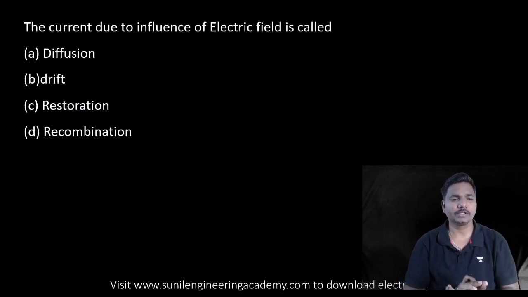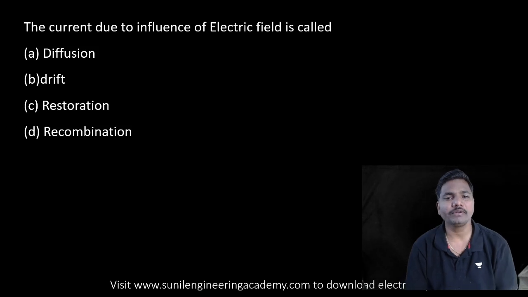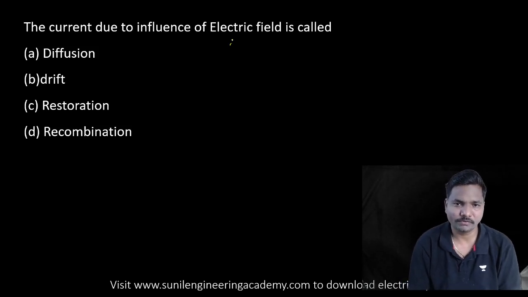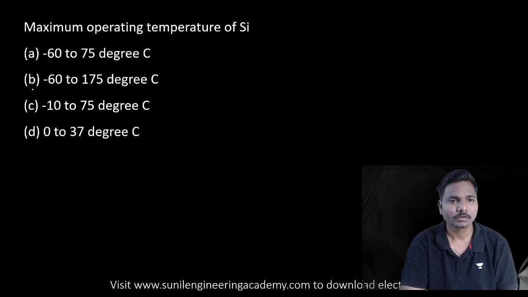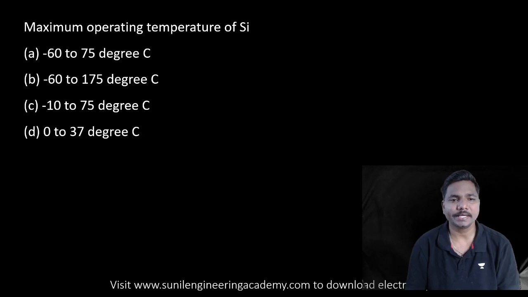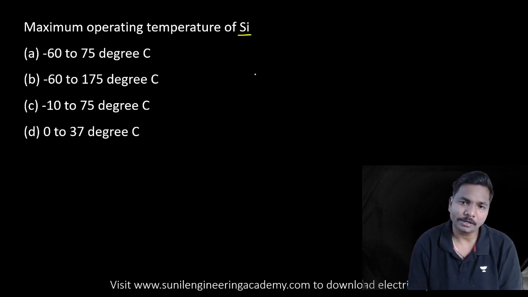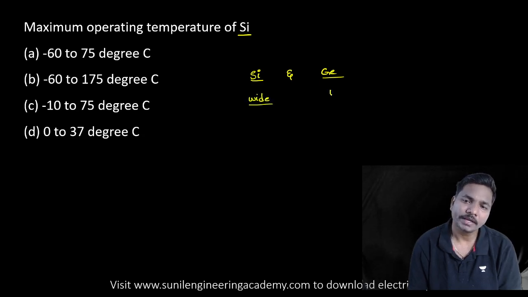Coming to the next one, the current due to influence of electric field. Just now I have given, no need to explain, that is the drift current. Maximum operating temperature of silicon. Coming to the operating temperatures of silicon and germanium, silicon has very wide operating temperatures and germanium narrow.